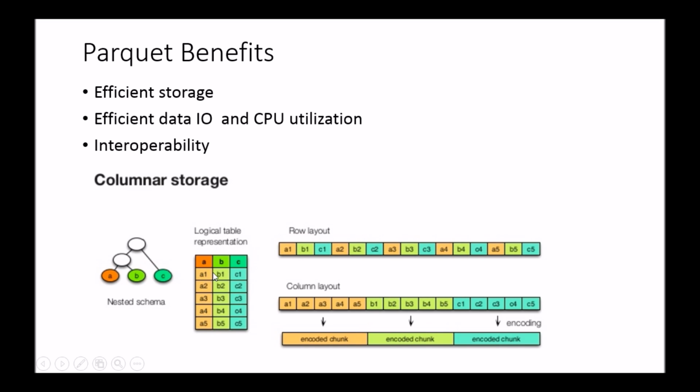Say you want to select A by filtering for column C. If you're looking at it from the row layout format, you pretty much have to read every set of data in order to get to the result set. That basically implies that you need to scan the whole data set or the entire file, but we only needed to read a few blocks, and that's what a columnar storage really allows.